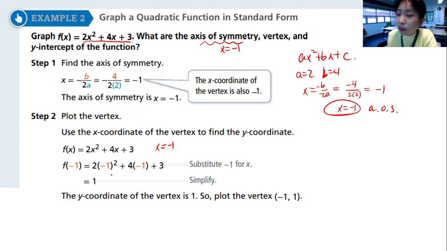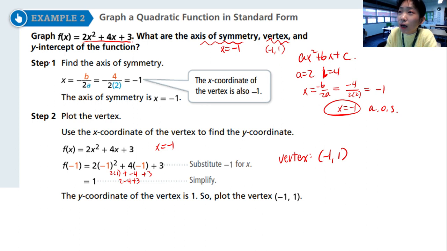Negative 1 squared is just 1, and then that becomes negative 4 plus 3. So you have 2 minus 4 plus 3, which is equal to 1. So the y-coordinate of the vertex is 1. Plot the vertex, negative 1, comma 1. We figured that out too.